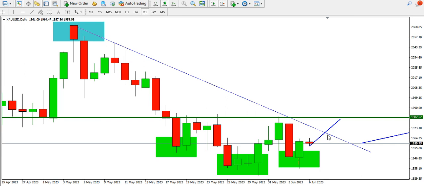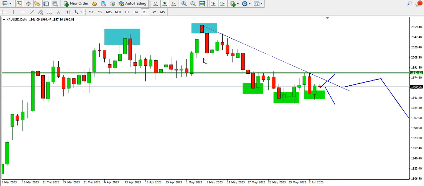But if this descending trend line breaks and buyers are able to push price up, price might get to the neckline of the possible inverted head and shoulder. But a failure of the buyers might push price down for this particular downtrend to continue. So that's that for the daily time frame.